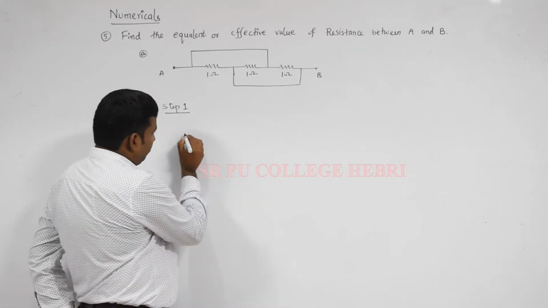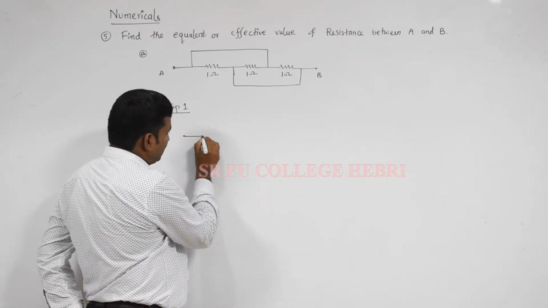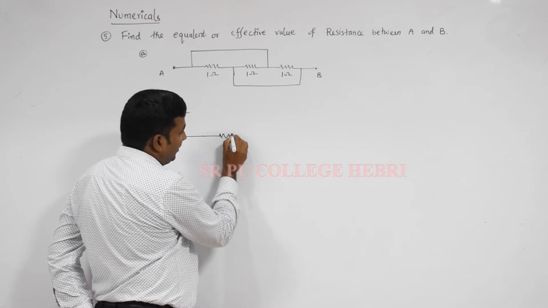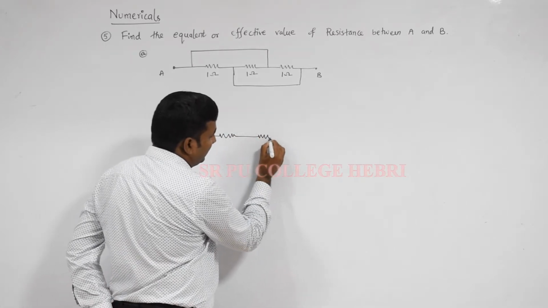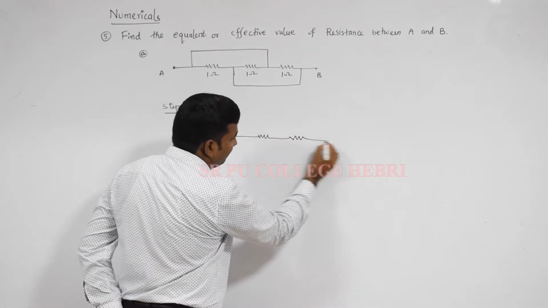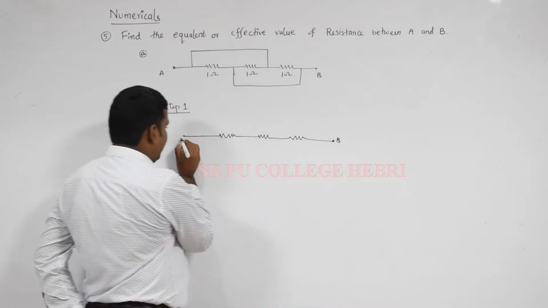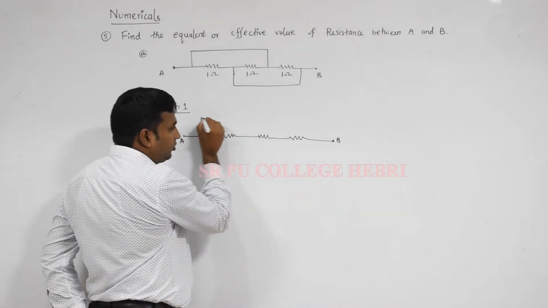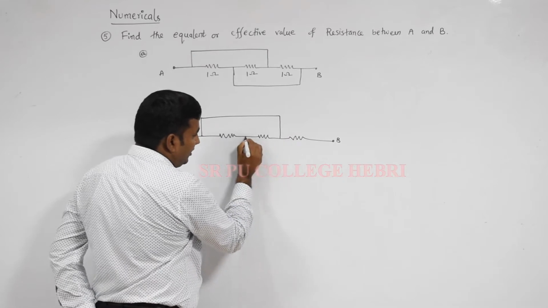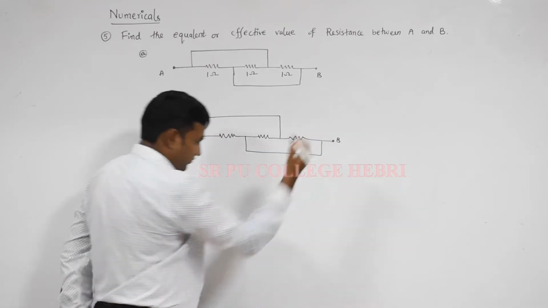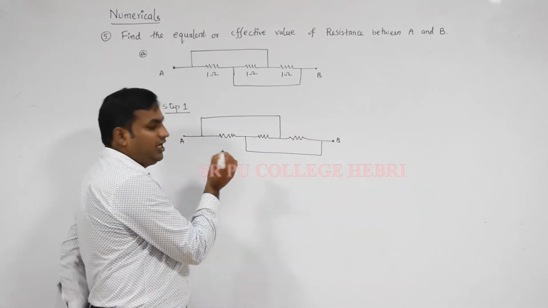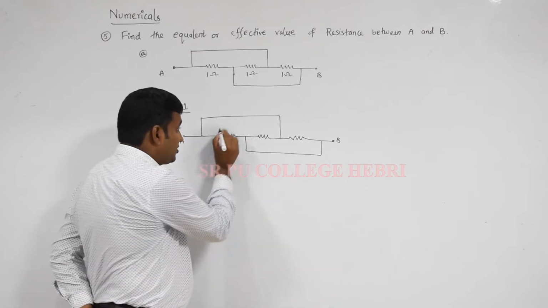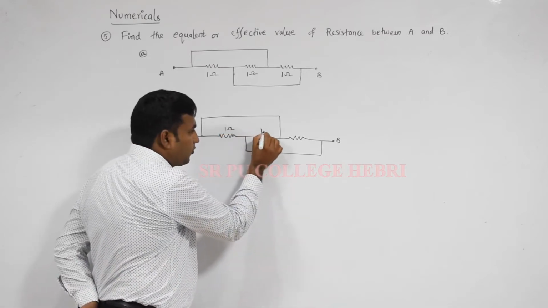In case of this circuit, I will take the circuit as it is, like this. Three resistors like this. It is the end B, it is the end A. Here to here it is connected, here to here it is connected, like this. First I will name the ends of the resistors. Total 3 resistors are there, each value equal to 1 ohm.